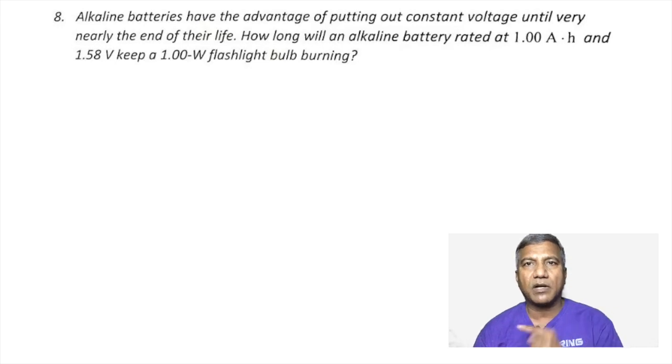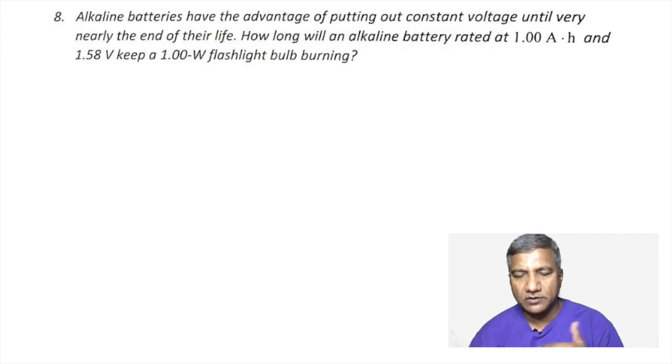It's 1 ampere hour. So 1 times 1. But if a certain equipment was drawing only half an ampere from this battery, then it would last for 2 hours, because 0.5 multiplied by 2 is 1. So whenever you multiply the current drawn with the time in hours, you should get 1 for this battery.